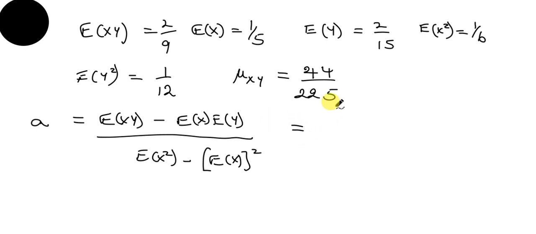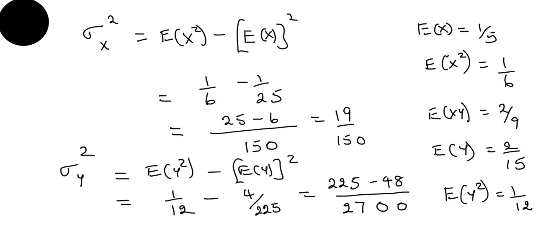So this would give me my E of xy, which is 2 by 9 minus 2 by 75, divided by E of x squared minus E of x squared, which is nothing but my sigma x squared and sigma y squared value. My sigma x squared value is 19 by 150.